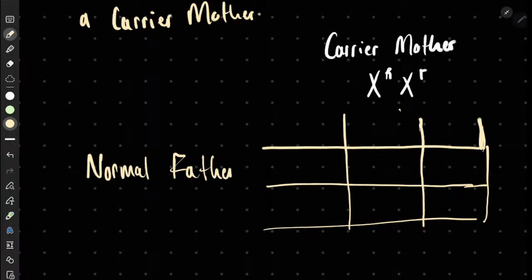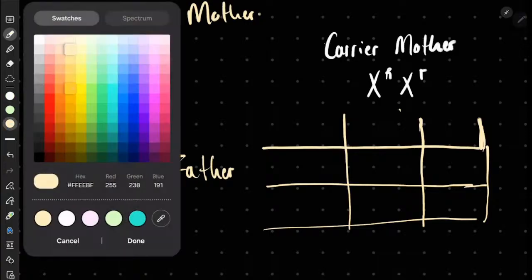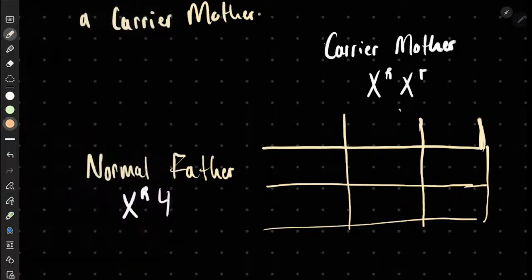If the father is normal, remember men have X chromosomes and Y chromosomes, right? So the normal father should have the normal X and the Y. This is what a normal father will be, and that's what a carrier mother will be. Are you seeing? Because you can be asked to make something like this.